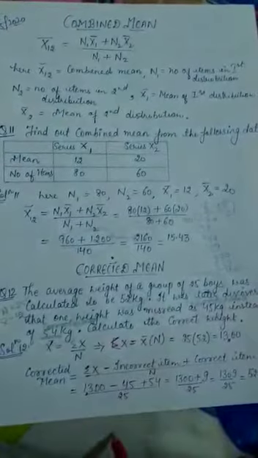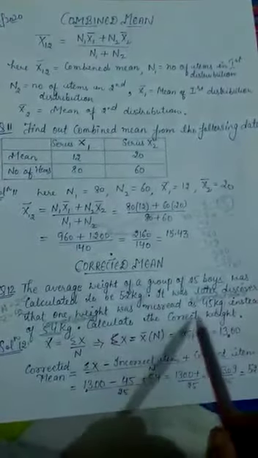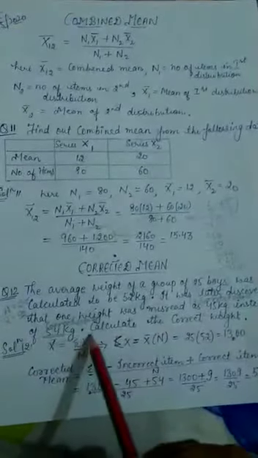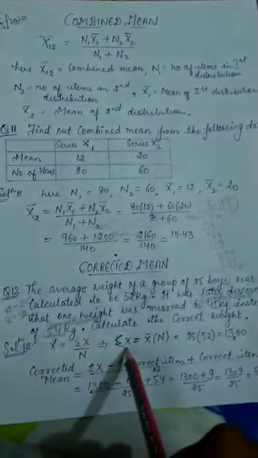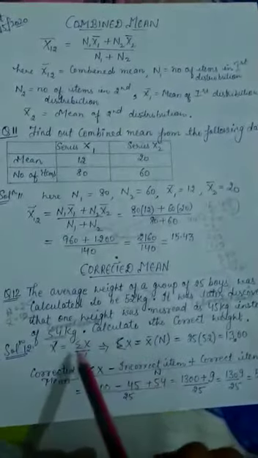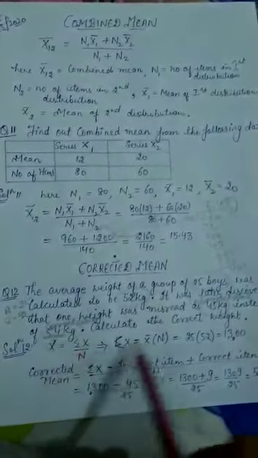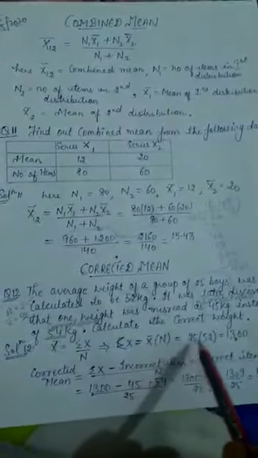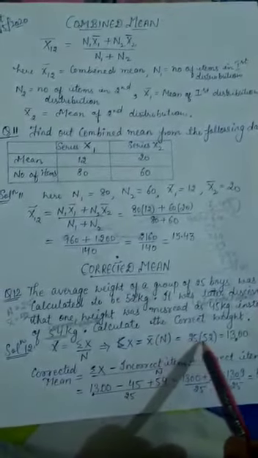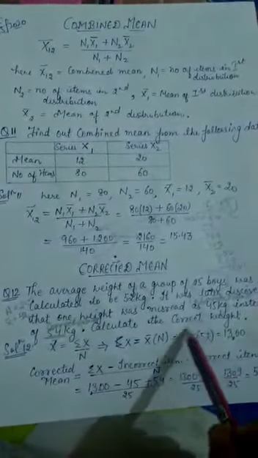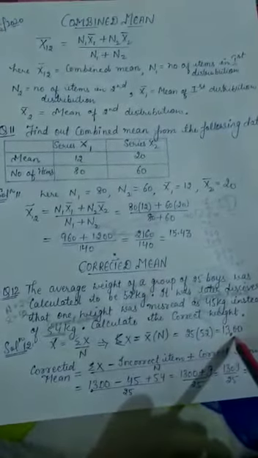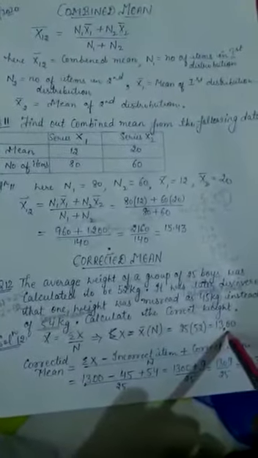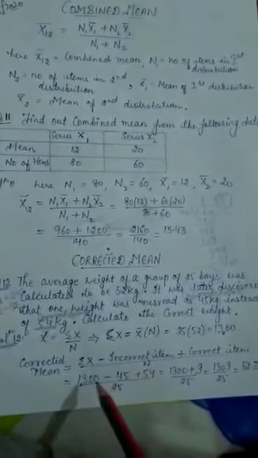First of all, you need to find the value of sigma x. So x bar is equal to sigma x upon n. When you interchange it, you will get sigma x is equal to x bar into n. So 25 and 52 will be multiplied, and you will get 1300. What will be the correct value?